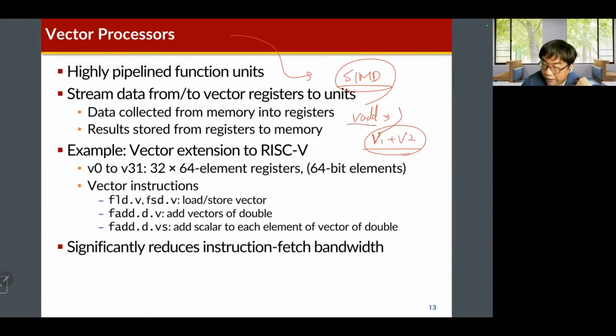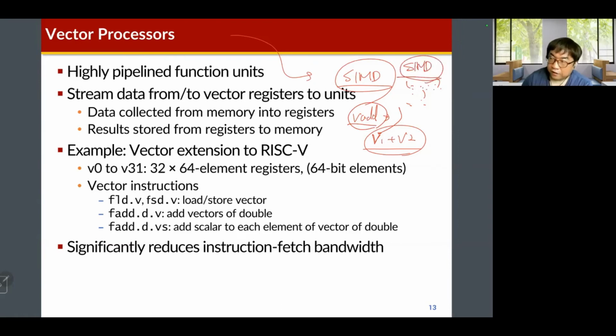When the vector add is performed, multiple elements are added to each other, right? So with a single instruction like vector add, these multiple elements are processed. So this is the example of SIMD type processing.